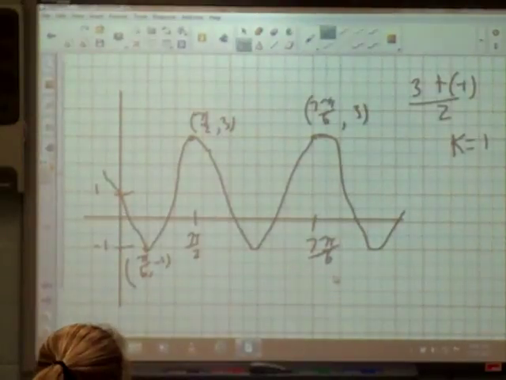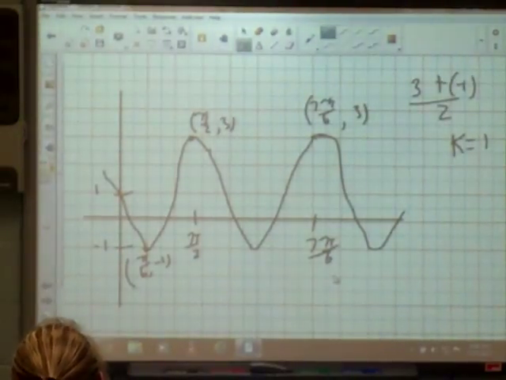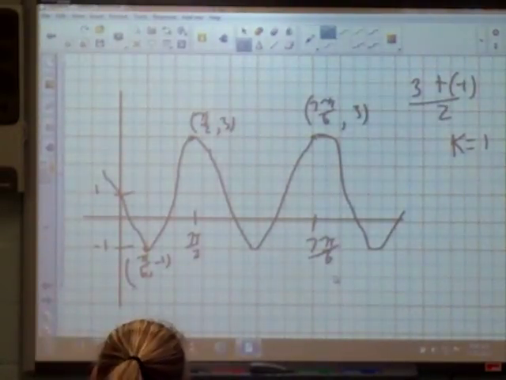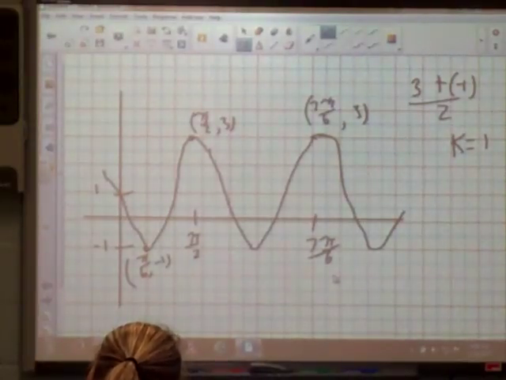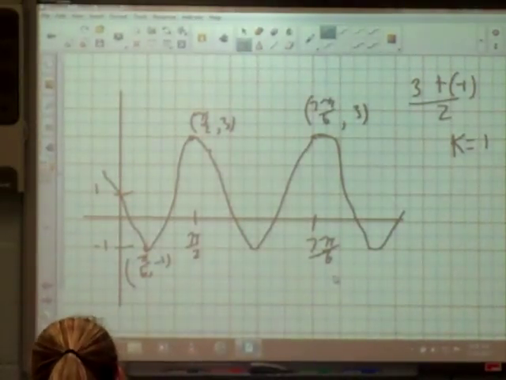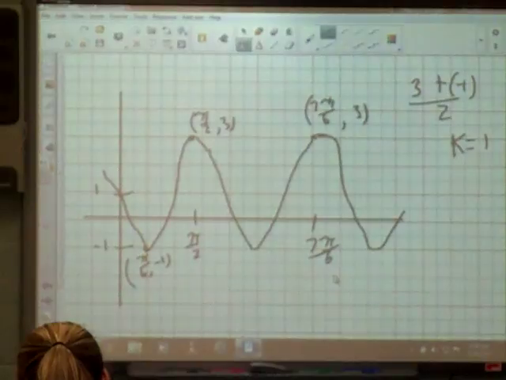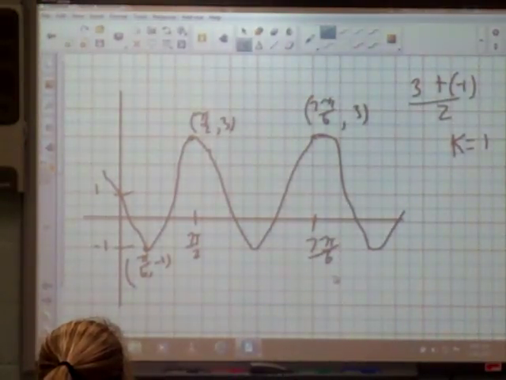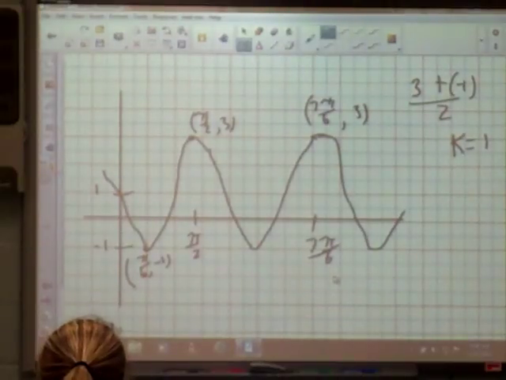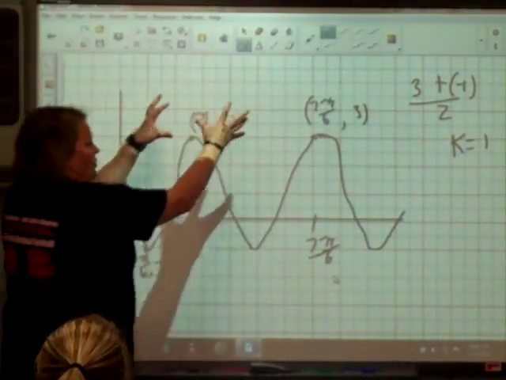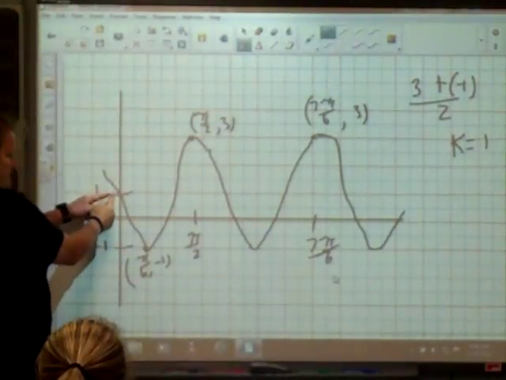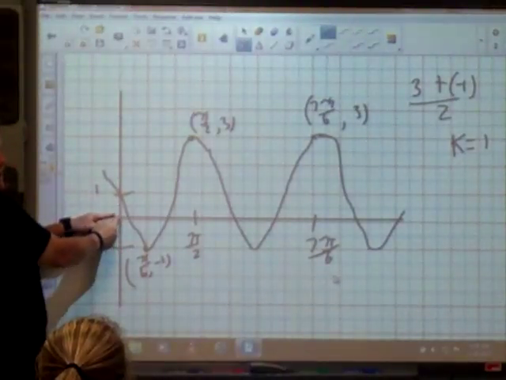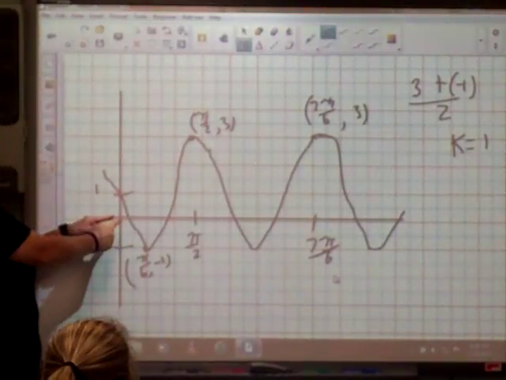Okay. After that, we're going to figure out whether it should be a sine or a cosine graph. Remember, and this is where I always have to visualize, the whole thing has been scooted up 1. So if we can visualize taking this thing and scooting it back down 1, where would this point be? 0, 0. At the origin. And what kind of graph started at the origin?